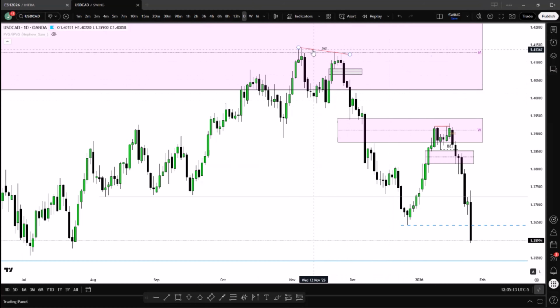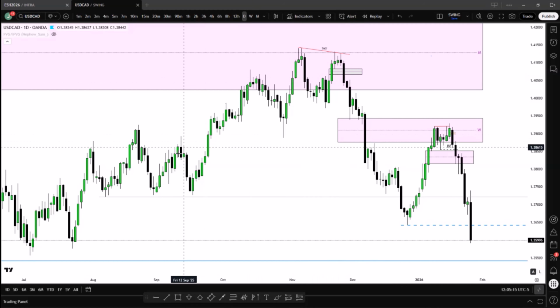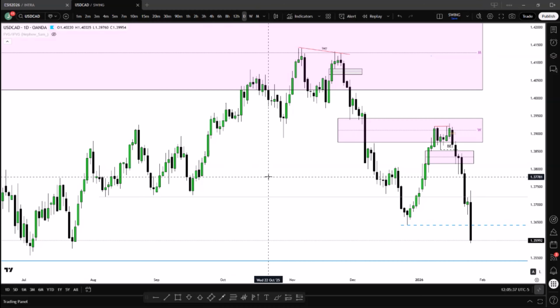Now, when price came into this monthly fair value gap, as you can see, the short-term price action on the daily chart was bullish. Okay, but if we wait for price to turn bearish on that daily time frame, that gives us the signal that the short-term price action is now turning bearish, which is in line with the monthly fair value gap in the overall monthly structure.